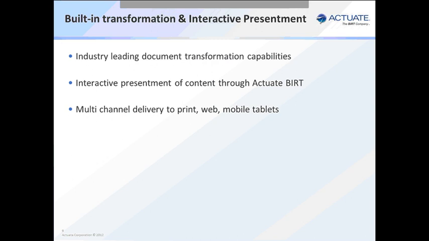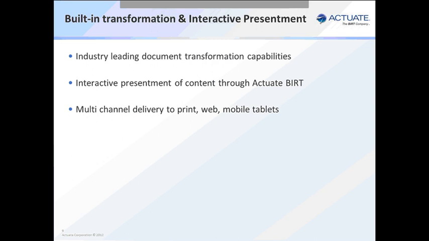So, as I'm sure many of you are familiar with, Xenos has been in the print stream transformation space for about 30 years now. In fact, we innovated the document transformation capabilities in the market. So utilizing Xenos' transformation technology, users can view the content in any format they want, while administrators can control and limit the formats that users can see.